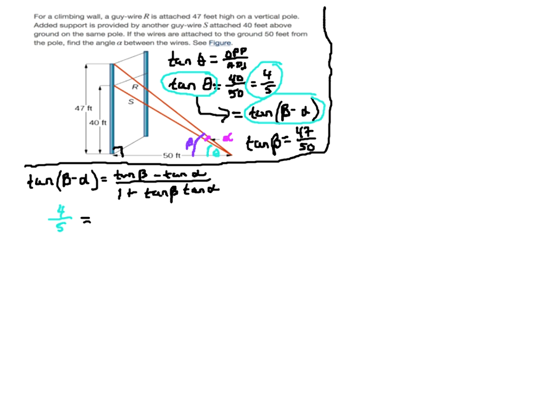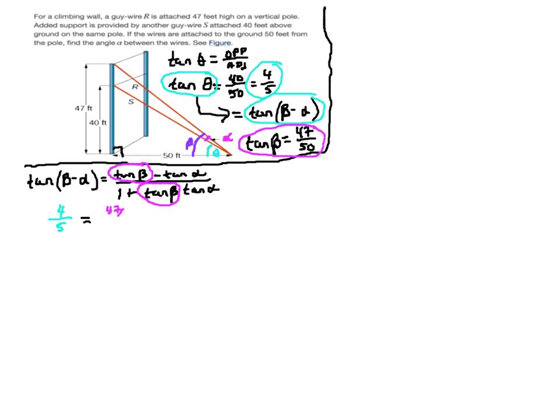I also know what the tangent of beta is. It's 47/50. So I can plug that in here and here. And all I'll be left with is solving for the tangent of alpha. So if I can solve for the tangent of alpha, then I can take the arc tangent and figure out what alpha is.